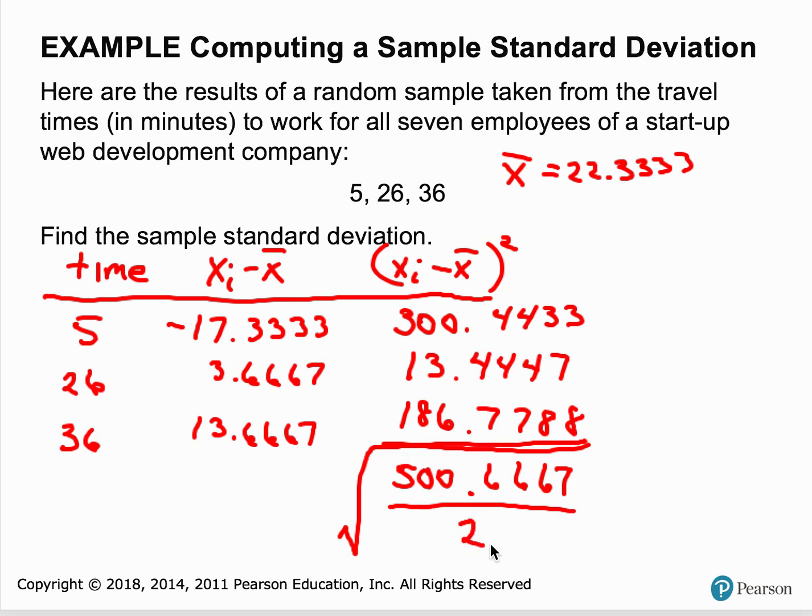N minus 1, right? Don't forget that. So now I'm going to say, what is the square root of 500.6667 divided by 2? 15.82. Now this is S, or standard deviation on a sample.